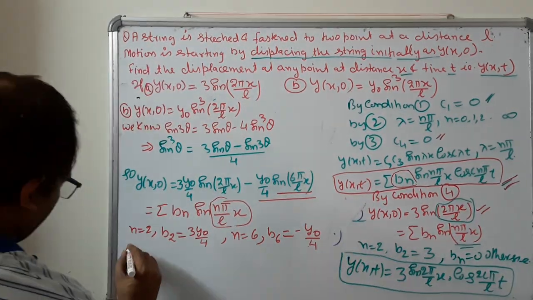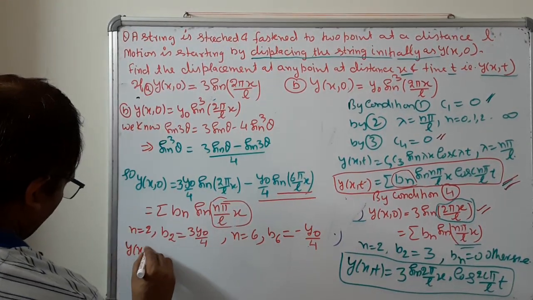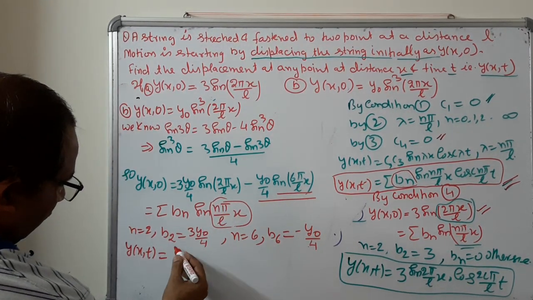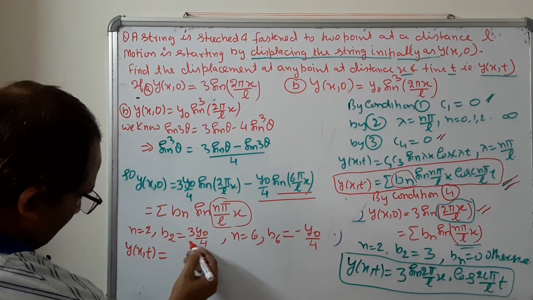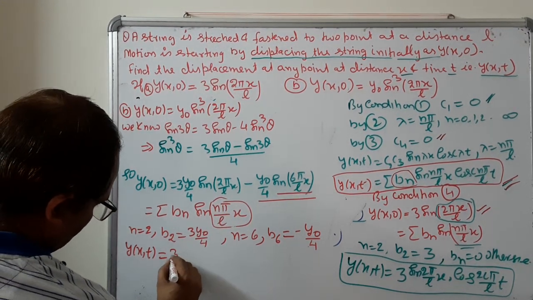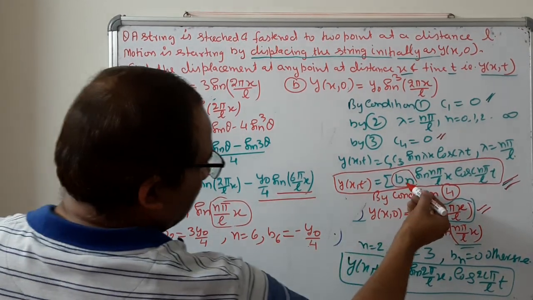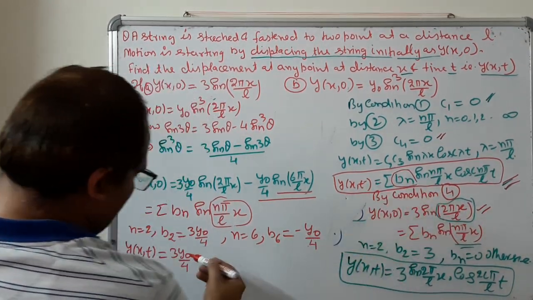So we can write y of x,t, that is equal to, first put n equal to 2 and the coefficient is 3 y0 upon 4, that means 3 y0 upon 4, and put here n equal to 2. The B2 value is this one.